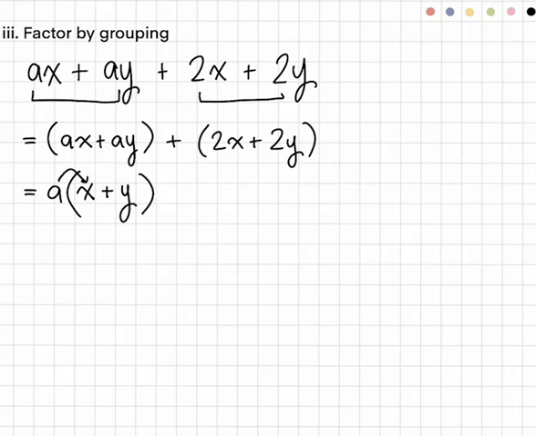Because if I were to expand this, I'd be brought back to this. Okay, let's look at the next set of terms I have here. I see I have 2x plus 2y. Well, I see something in common with both of those, and that's a 2. What am I left with? If I divide by 2, I get x plus y.